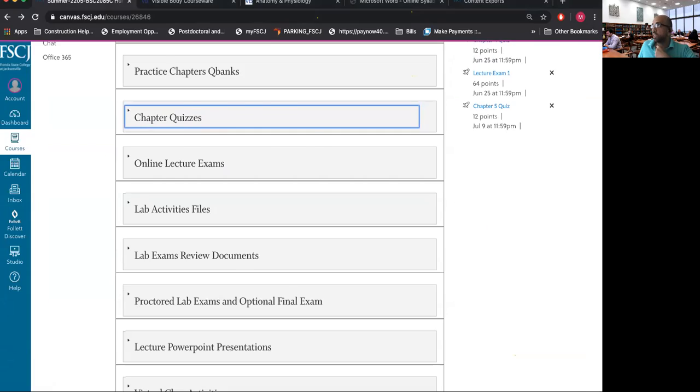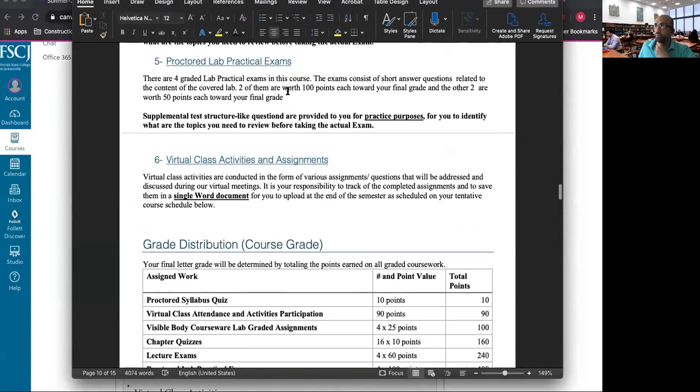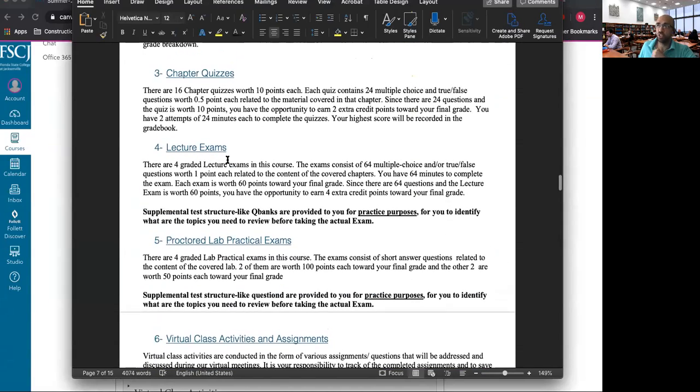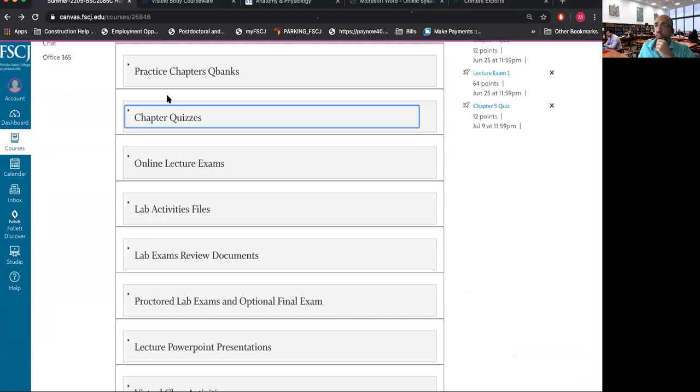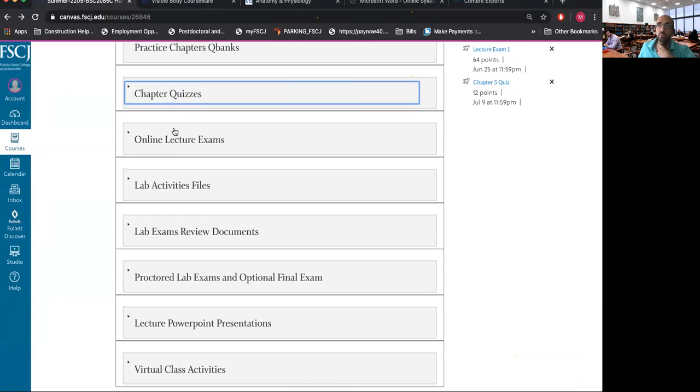Another thing that we're going to have is the lecture exams. Again, those are 4 lecture exams matching our 4 modules. So where can I find the lecture exams?